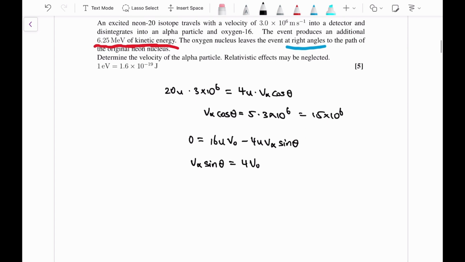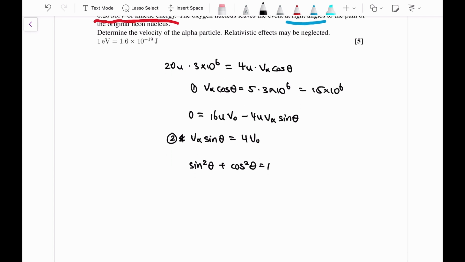So all we can do is utilize the equation sine squared theta plus cosine squared theta is equal to 1, and say equation 1, equation 2, then we can add up the squares of the two equations. Therefore, we will be able to cancel out the sine and cosine.